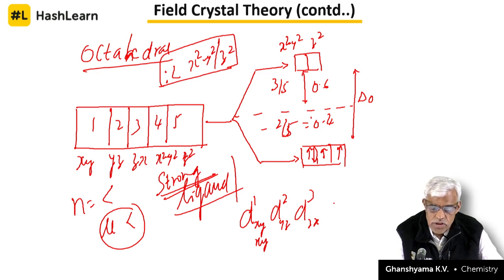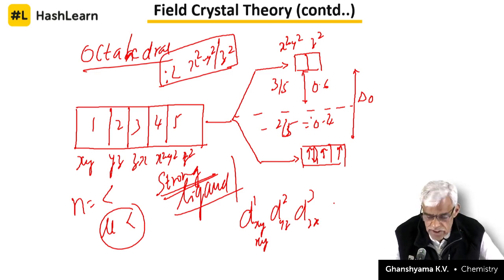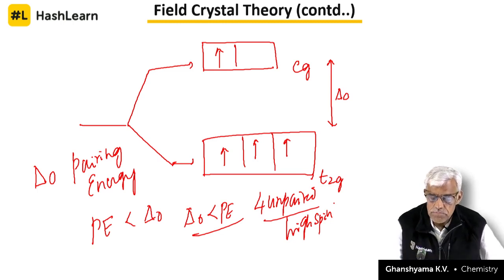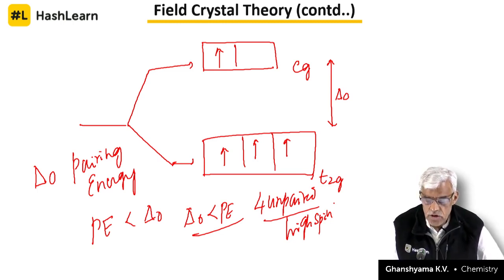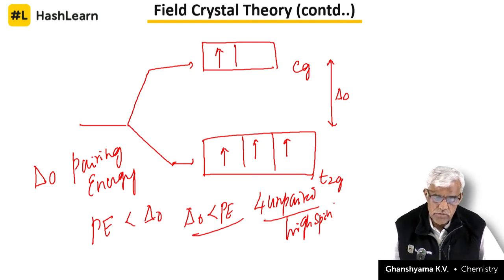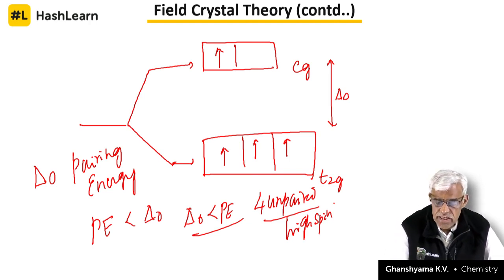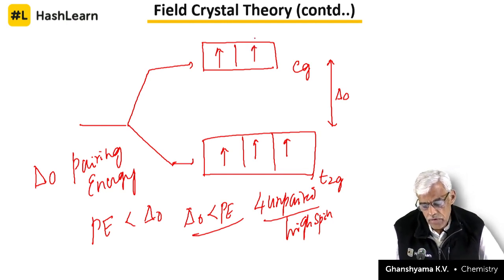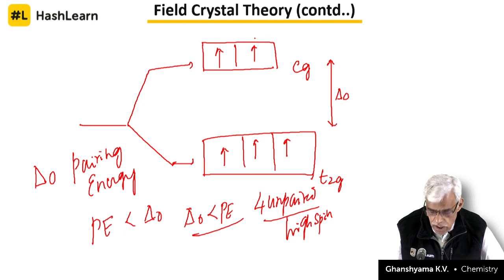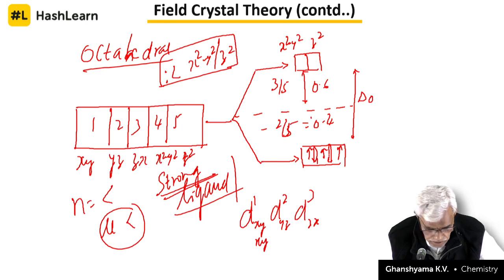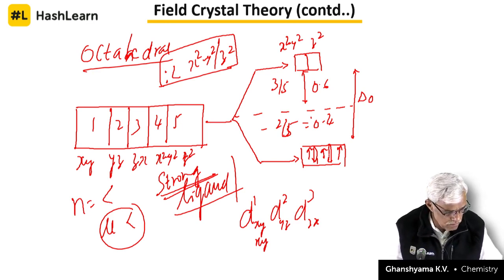A low spin complex is formed when the ligand is very strong. When the ligand is weak, the splitting will be less, and delta 0 will be less than the pairing energy. Therefore the next electron, depending upon the nature of the ligand, may be here or there.